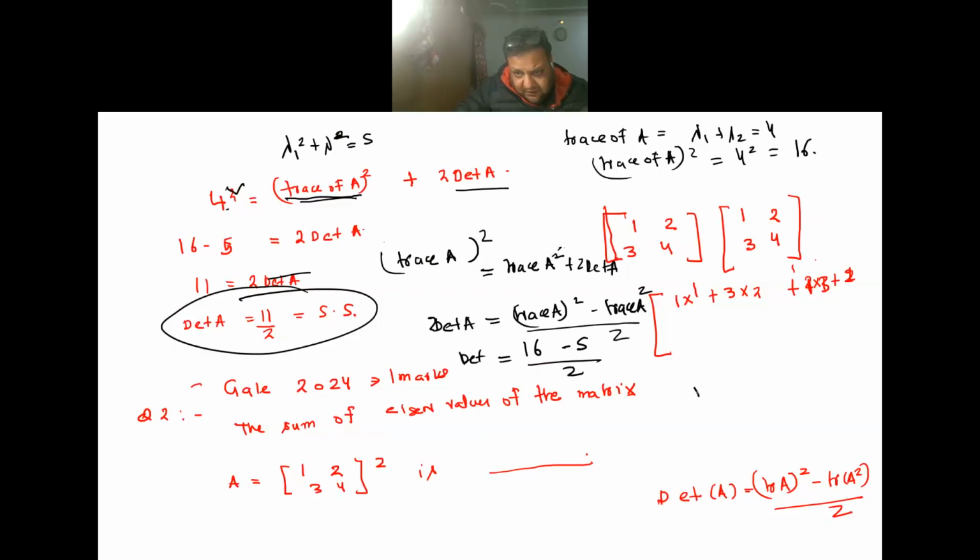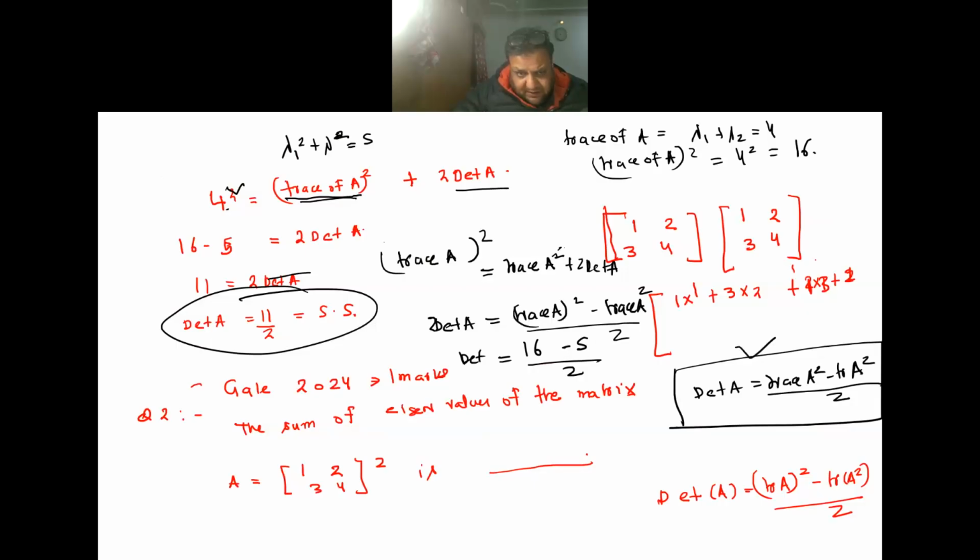So this is the formula: determinant of A is equal to trace of A whole square minus trace of A square, divided by 2. If you just put in this formula, in 1 second you will get the answer 5.5.